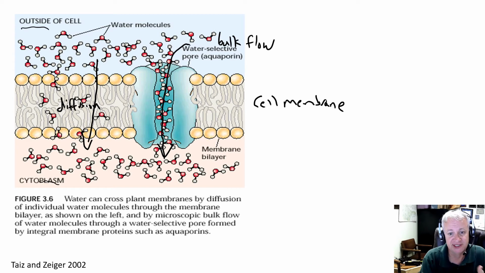Aquaporins were first discovered in animal cell membranes, I think probably back in the 80s, maybe the 90s. But they were subsequently discovered to exist in plants as well. So plants have aquaporins as well. And aquaporins just provide a much more efficient mechanism for water to move into or out of cells than diffusion. So bulk flow can also occur across cell membranes as well.